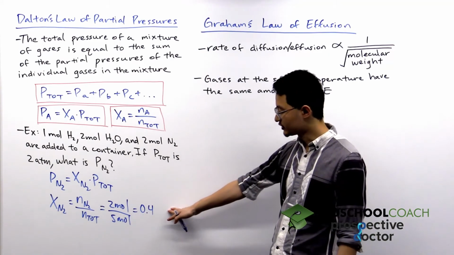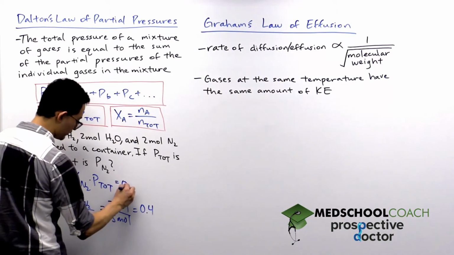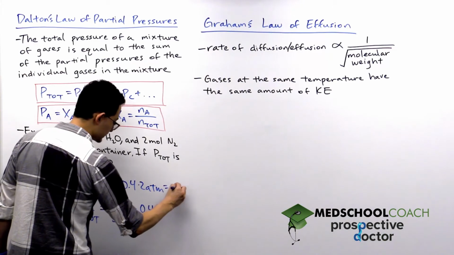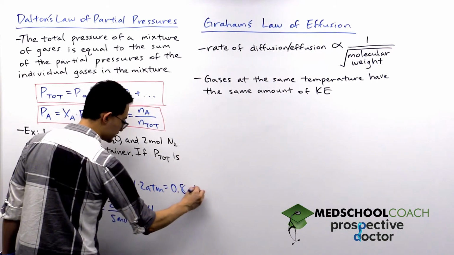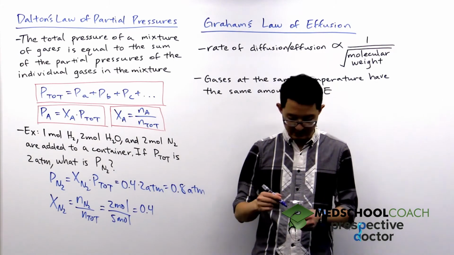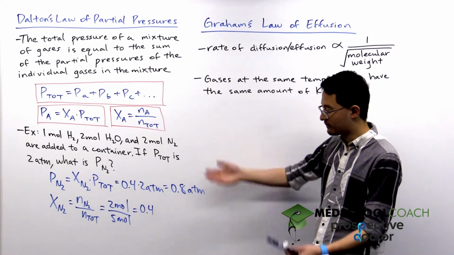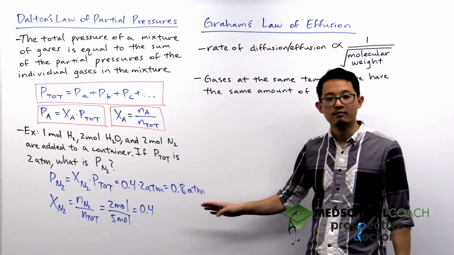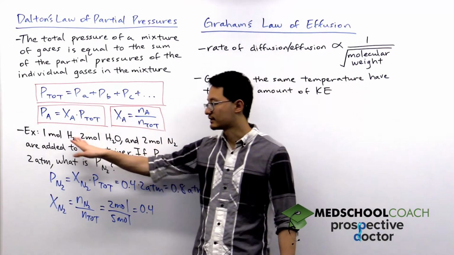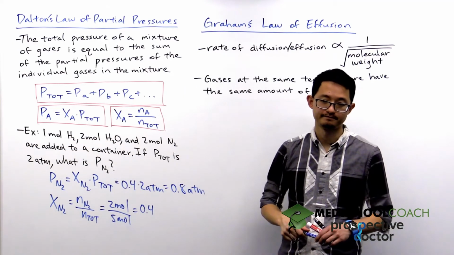With our mole fraction of nitrogen, we can now plug this back into our partial pressure equation to get 0.4 times 2 atmospheres, which tells us that the partial pressure of nitrogen in this container is 0.8 atmospheres. This also means that of the total 2 atmospheres of pressure, the remaining 1.2 atmospheres must be contributed by the other gases in the mixture, the hydrogen as well as the water.